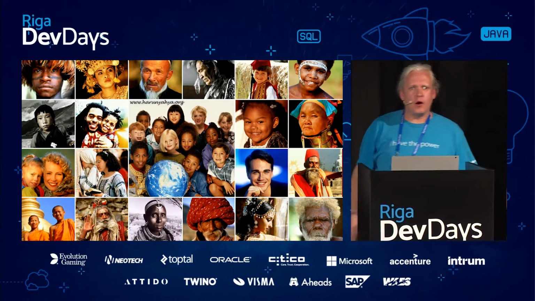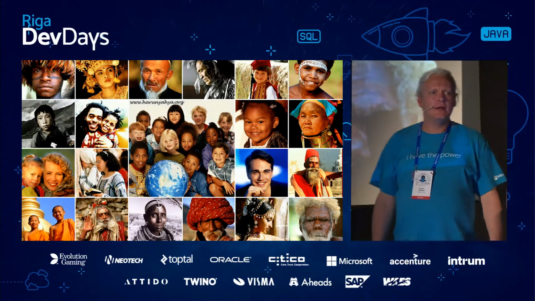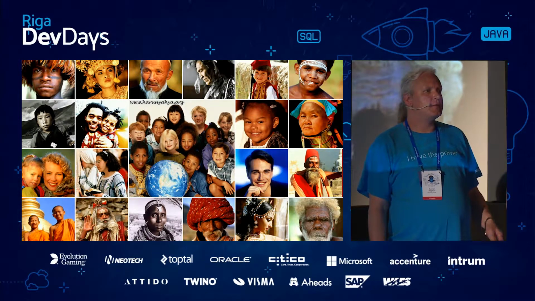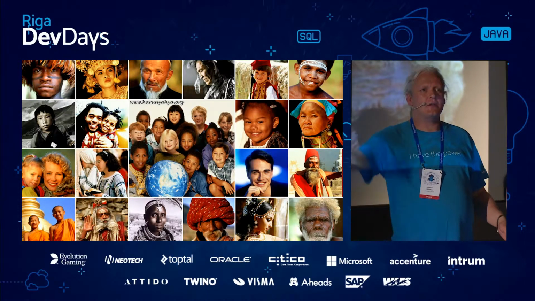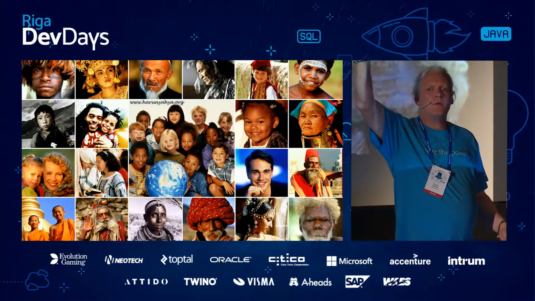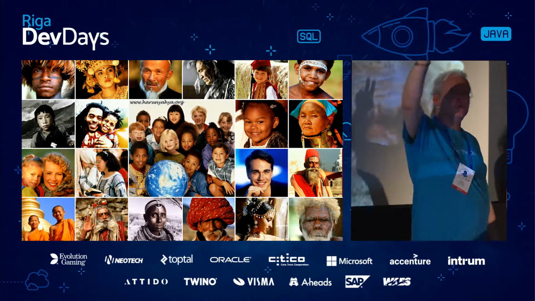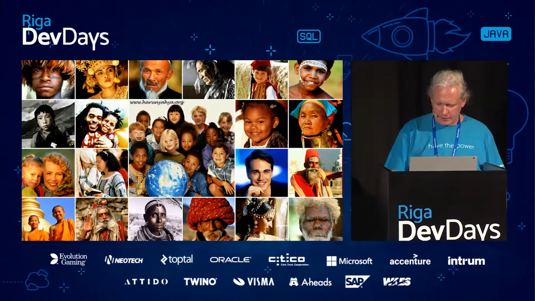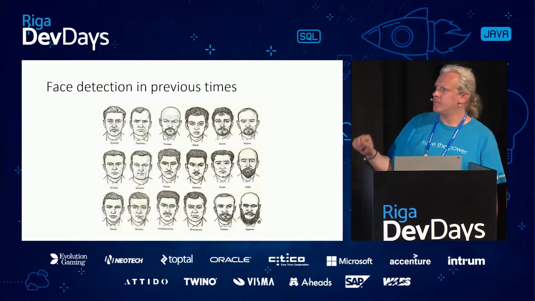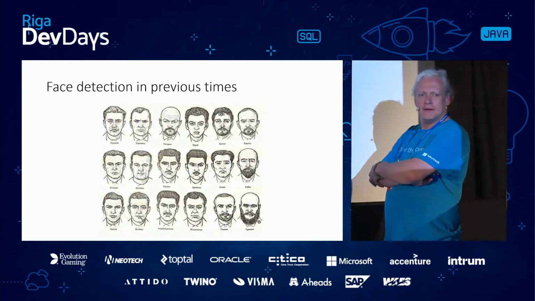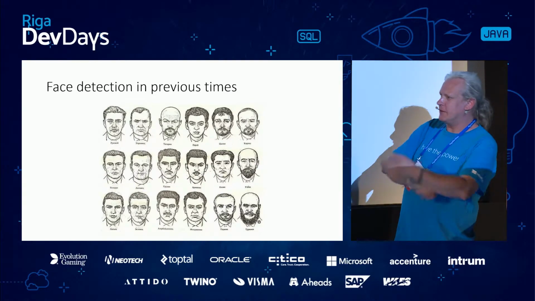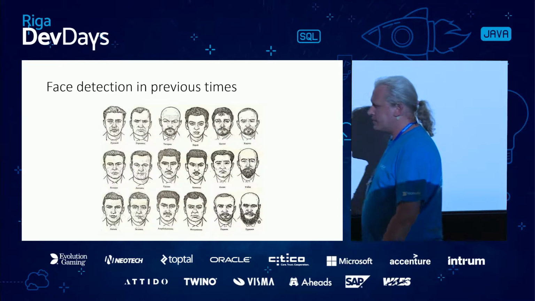So, how many of you have ever been sitting in a Soviet Union militia station? Raise your hands. Oh, okay. I see a few guys there. Okay, perhaps they remember this. This is how facial recognition worked back in the days.